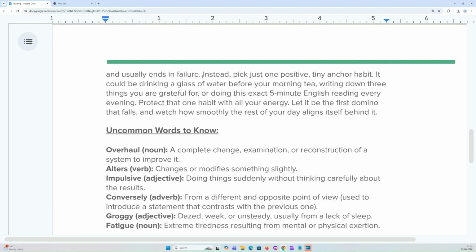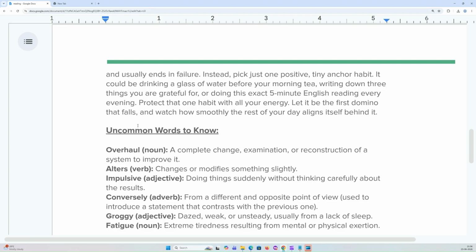It could be drinking a glass of water before your morning tea, writing down 3 things you are grateful for, or doing exactly 5 minutes of English reading every evening. Protect that one habit with all your energy. Let it be the first domino that falls, and watch how smoothly the rest of your day aligns itself behind it.